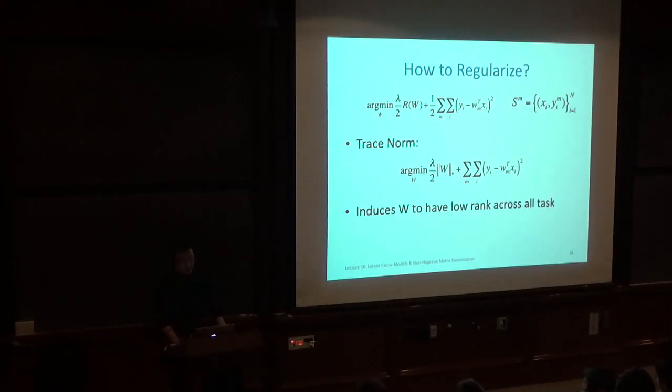But how about we regularize the W matrix to have low trace norm. What does this mean? It means that if we take the W vectors of all the different tasks and put them into a matrix, that matrix should have low rank. So the variability of different users that we estimate should be low dimensional.